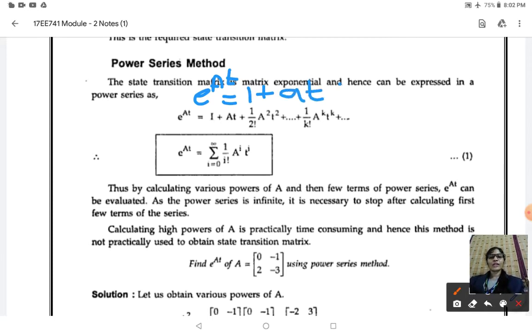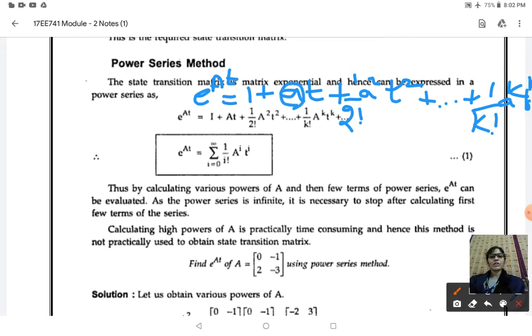A is your matrix. Plus 1 divided by 2 factorial A square t square, and it goes on till 1 divided by k factorial A to the power k t to the power k. Here A is a matrix, so when you do A square it will be a matrix, but 1 is a constant, so we need to convert it into an identity matrix.